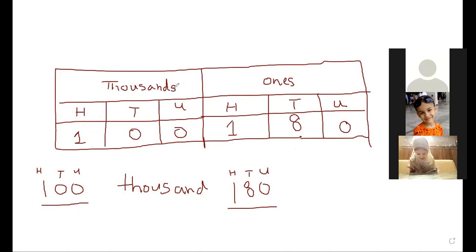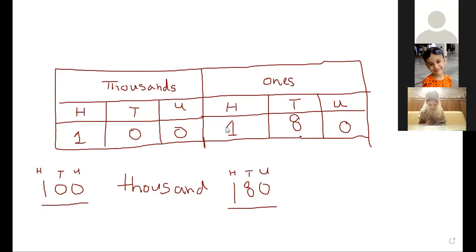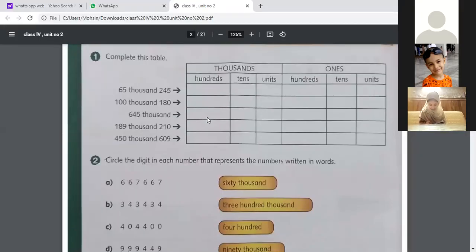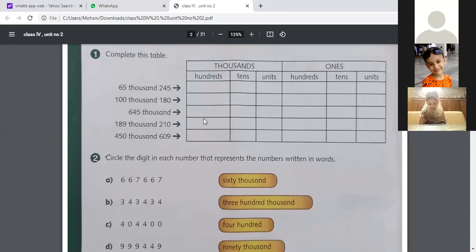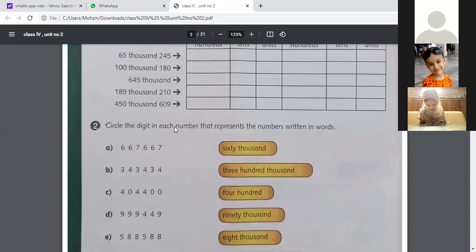Now come to the next question. What are we saying in question number 2? Circle the digit in each number that represents the number written in words.